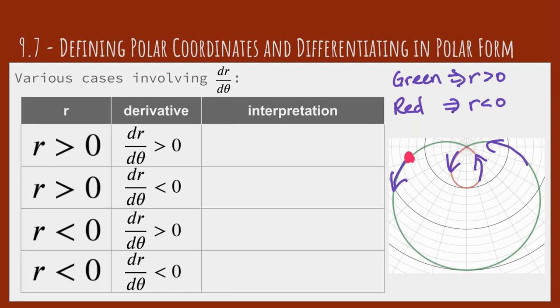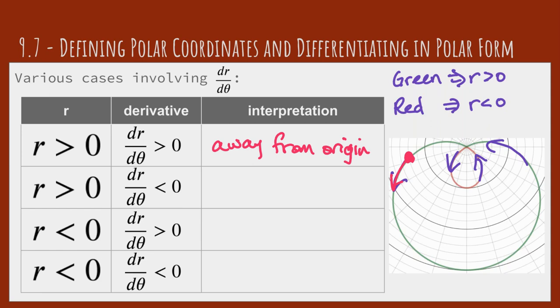And dr d theta here is positive because r is getting bigger. So as we're moving along, r is increasing and the object is moving away from the origin. So if both of these are positive, then we're going to have motion away from the origin.